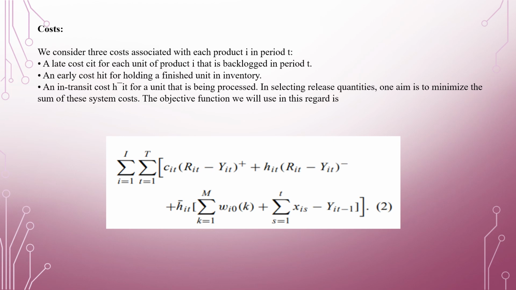The term on the last line is the expected WIP of product i being processed in period T: the input up to time T minus the cumulated expected output.